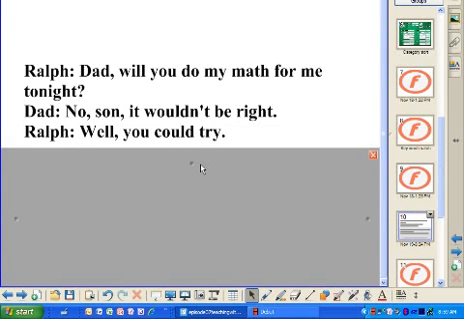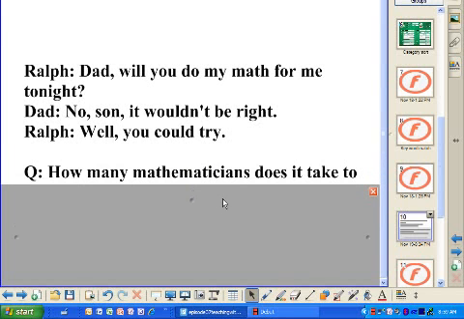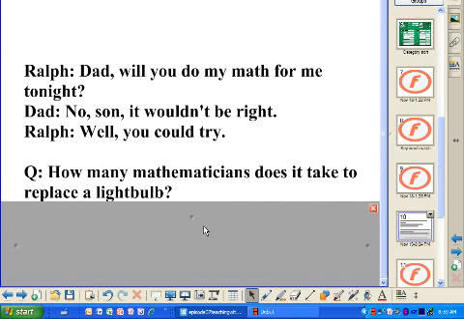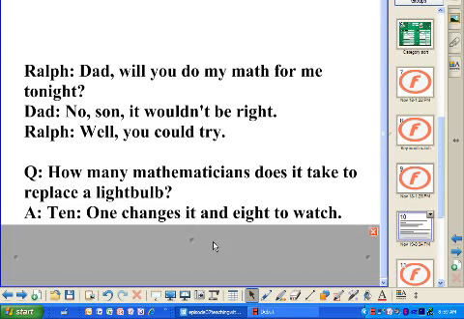The son thought his dad was going to say it wasn't correct. I like that one. And how many mathematicians does it take to replace a light bulb? I don't know. 10. Takes 10. 1 changes it, and 8 watch.